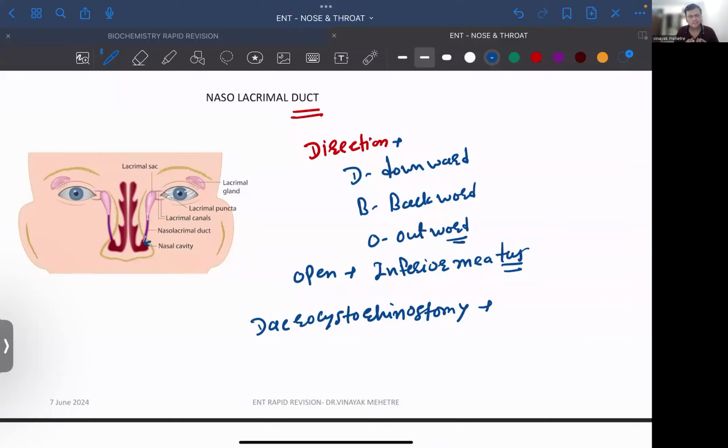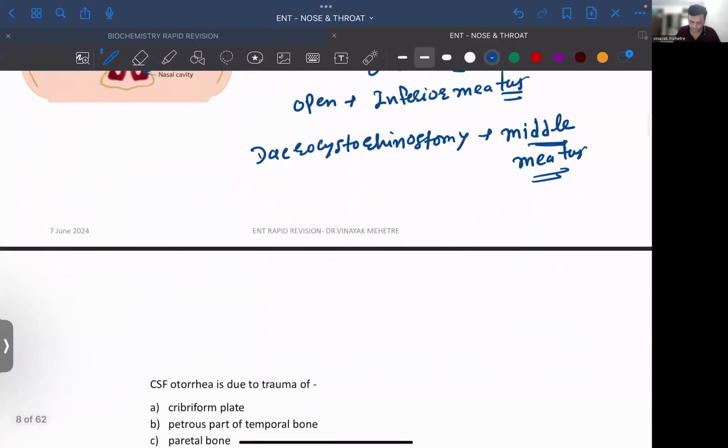So I am going to put an artificial nasolacrimal duct where it is closest to the inferior meatus, that is the middle meatus. Apply logic, and it will be magic. Why are we going to do it in the middle meatus? Understood? Reason being, it is nearby. Okay, this is your recent question.